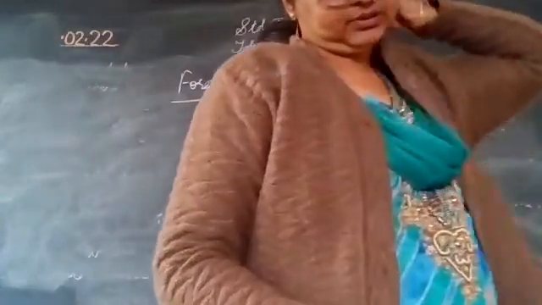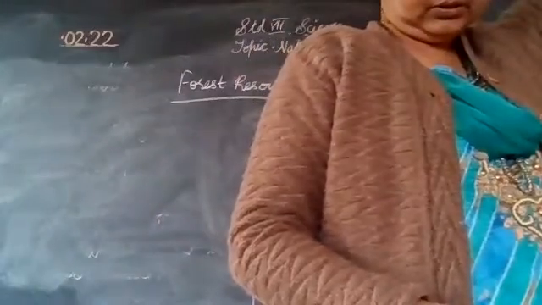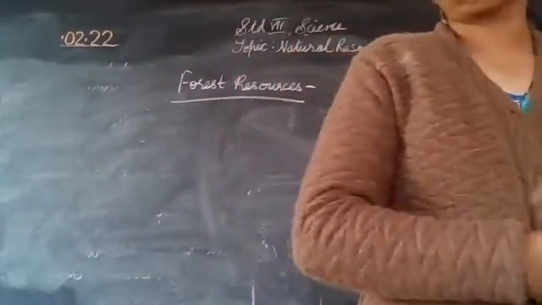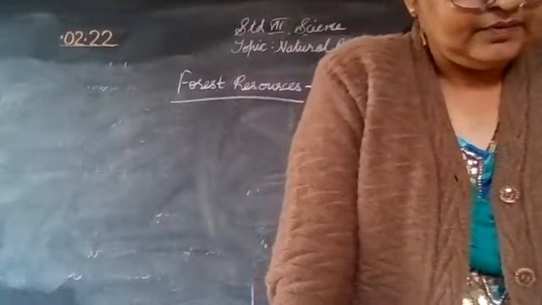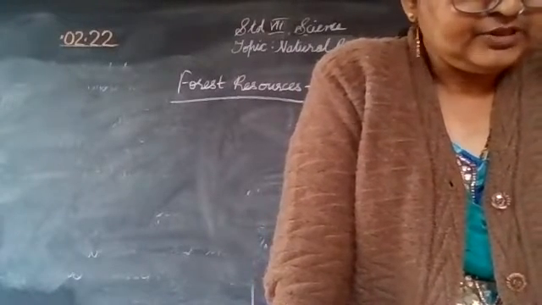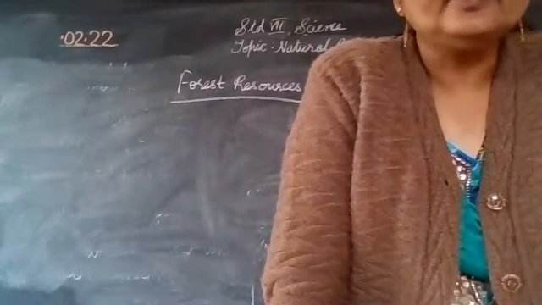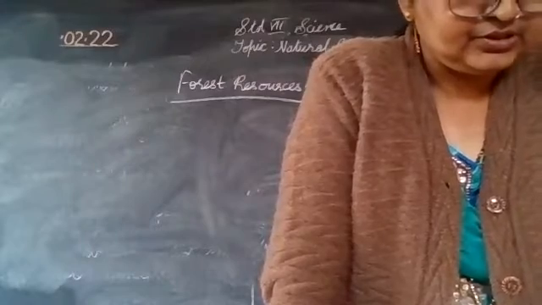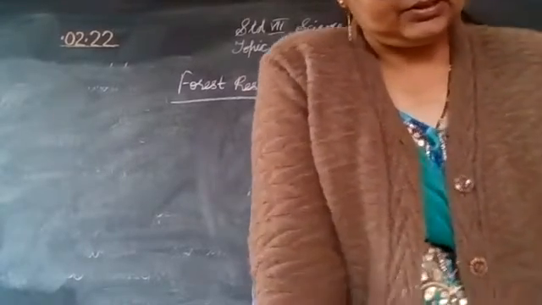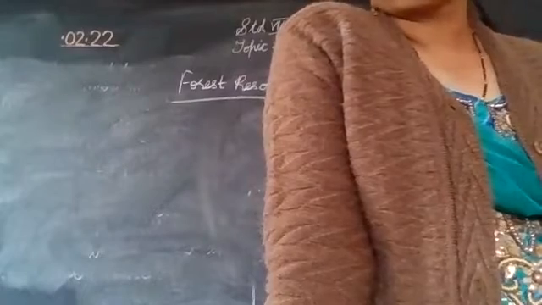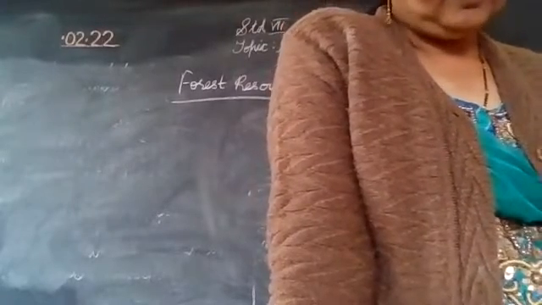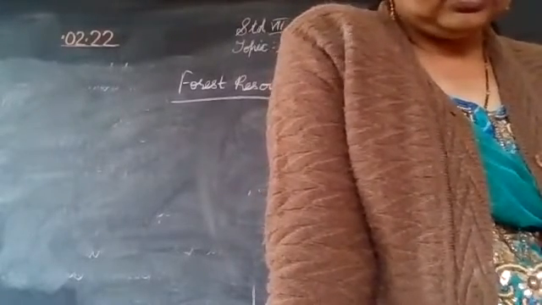You all know that on our earth, about 30% of the total land area is covered by forest. Forest performs certain protective and productive functions. There is a variety of plants and trees found in the forest, and at the same time we have animals and microbes also.